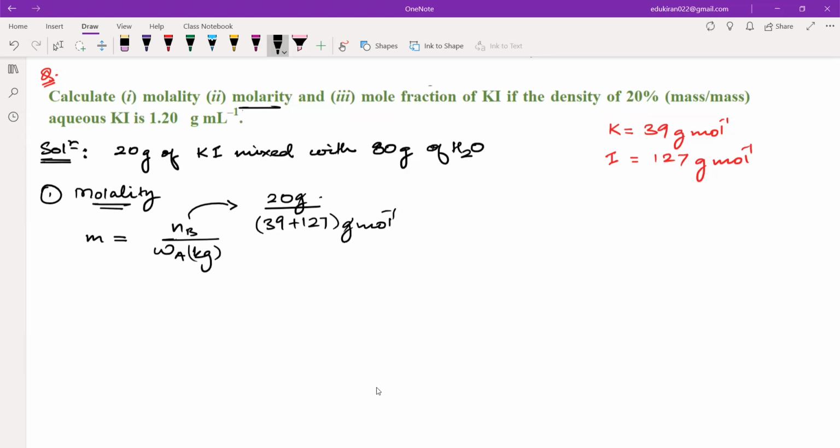Grams and grams will cancel out. You will get 20 upon 166 moles. Then W_A in kg. W_A means the mass of solvent. The mass of solvent is 80 grams, which will be equal to 0.080 kg, right?